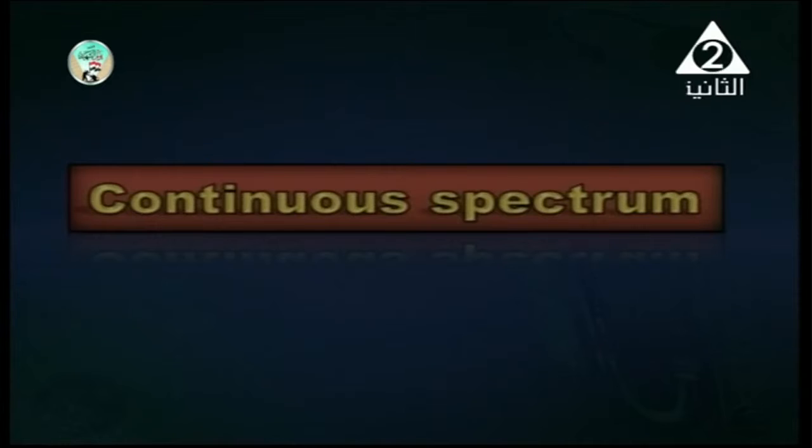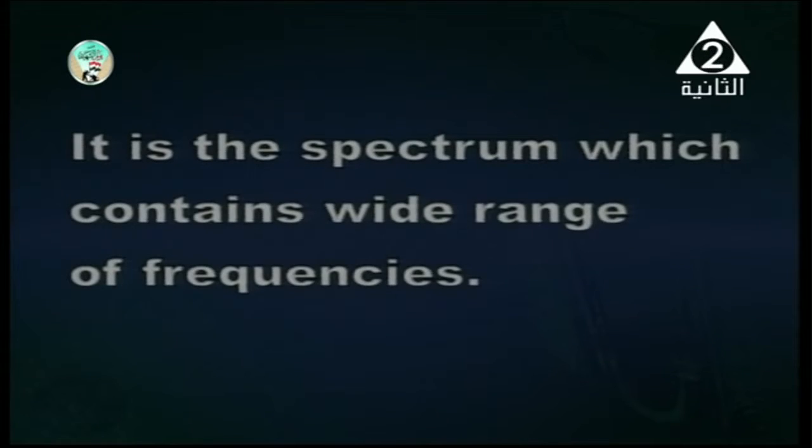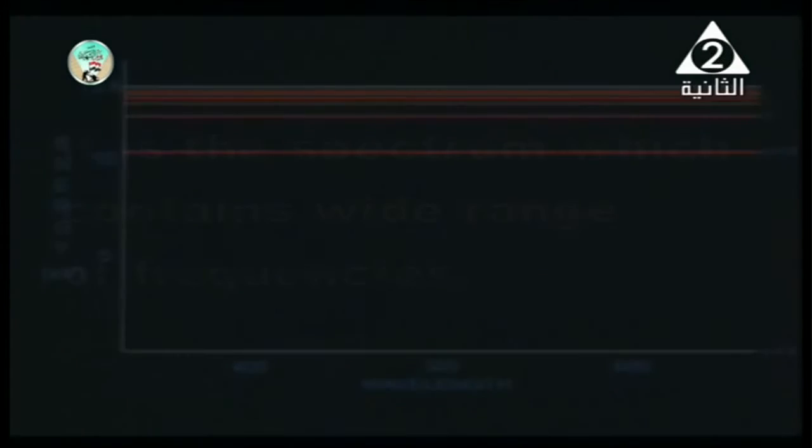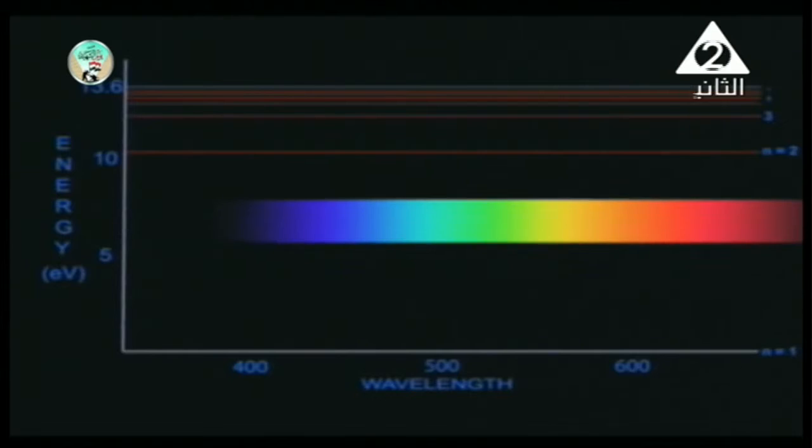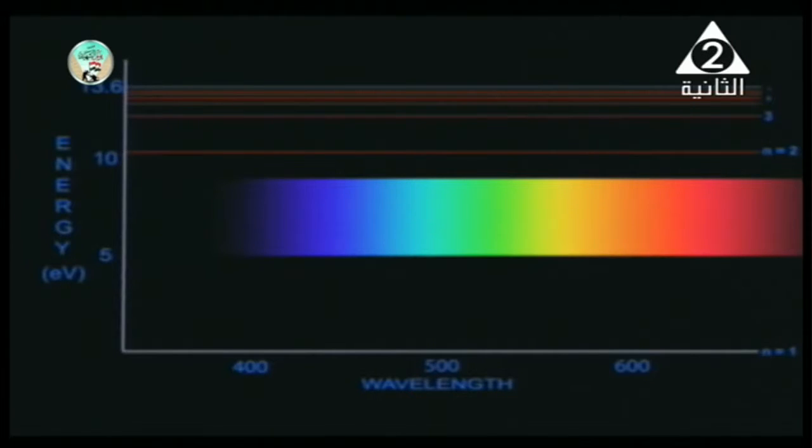First, continuous spectrum. We want to give it a definition. It is the spectrum which contains a wide range of wavelengths or frequencies.